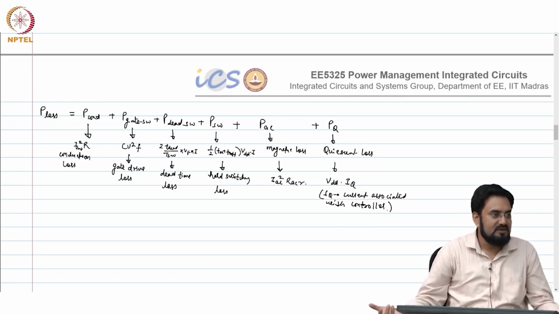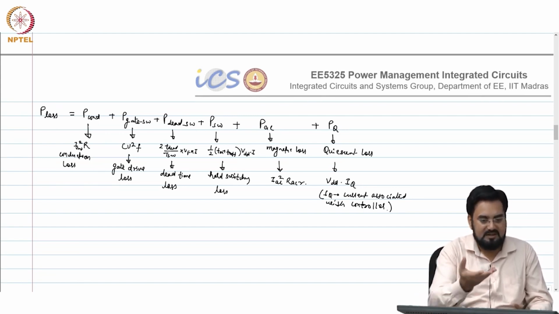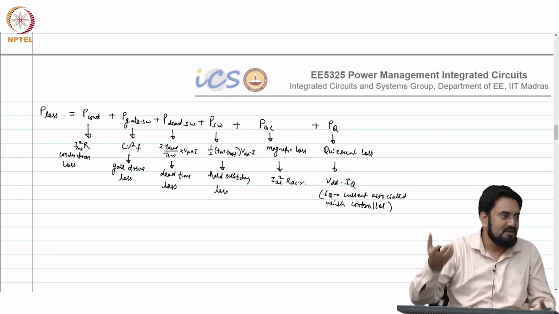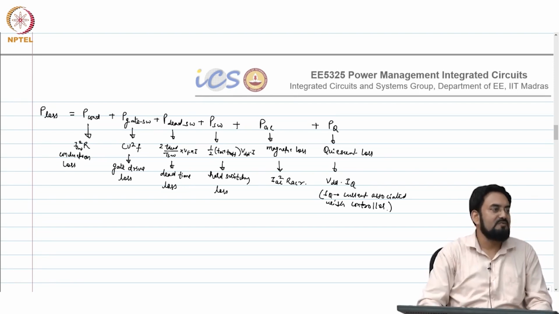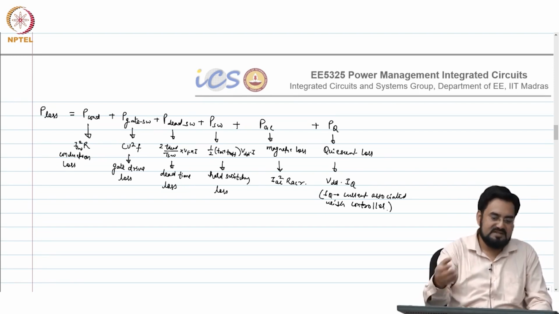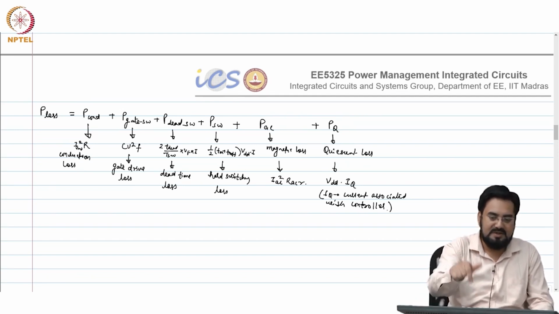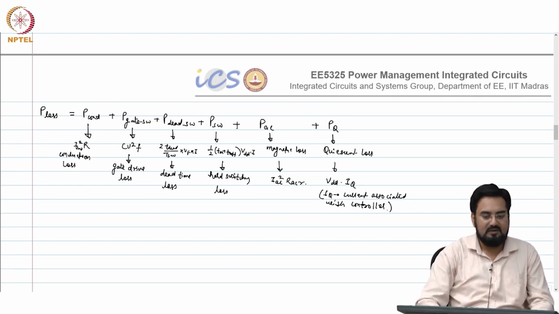It is not going to change because the controller is on. So, your gate driver loss will go very low, your dead time loss will go very low, conduction loss already will be low because you are not operating at a very high load. So, the IQ will start dominating, and your efficiency will be mostly determined by the IQ current. That is why at light load your PQ is very important, so you try to design your controller with very low current.